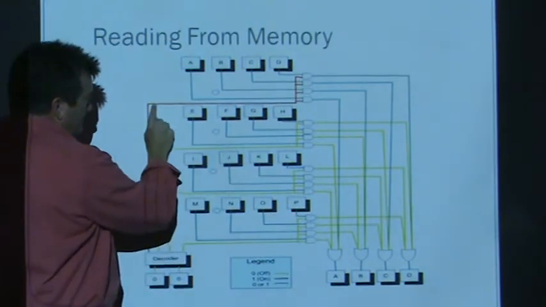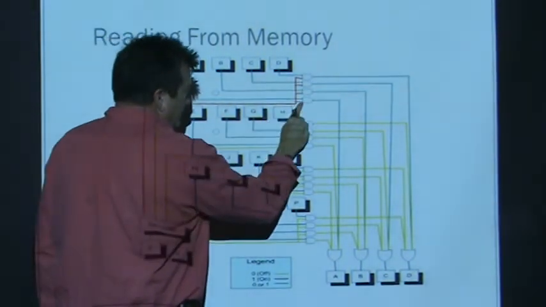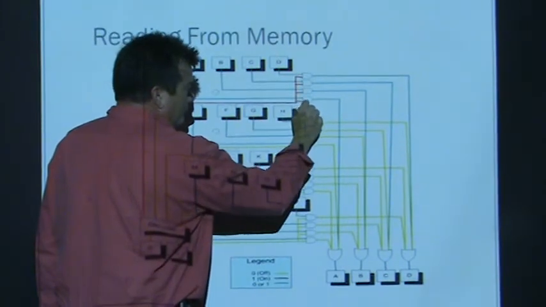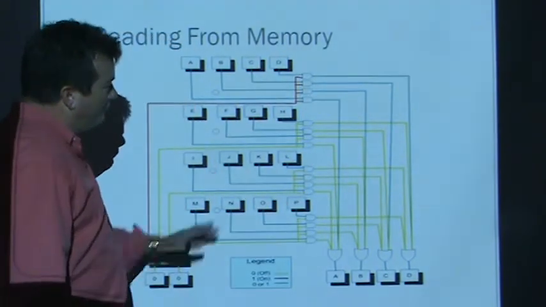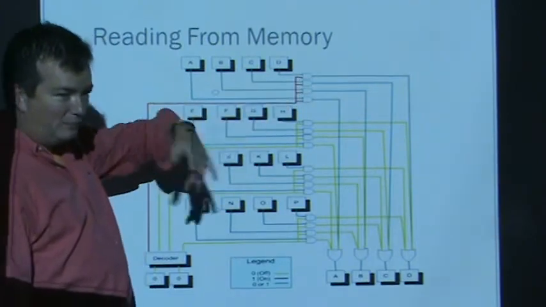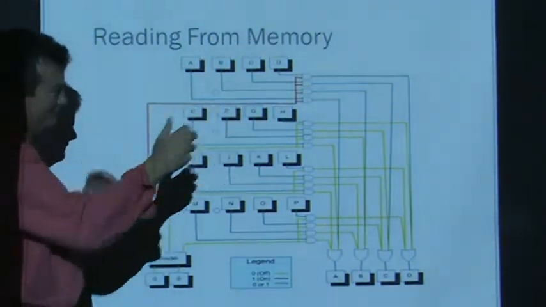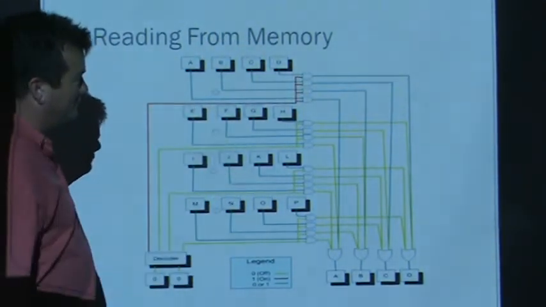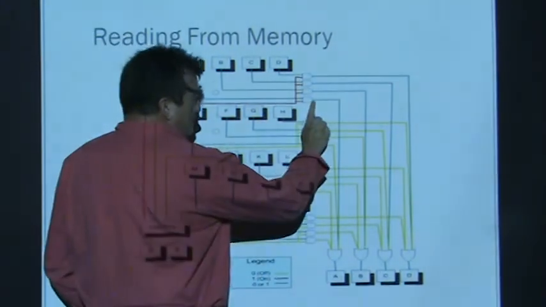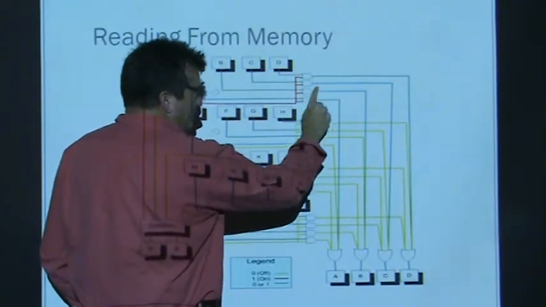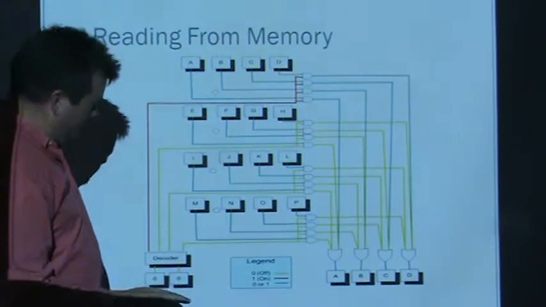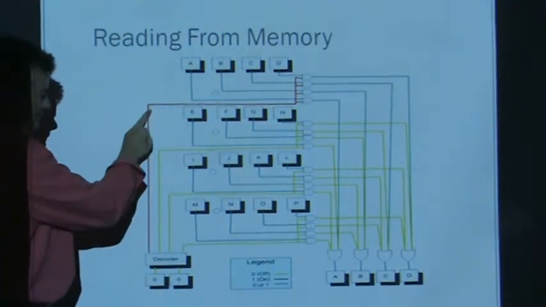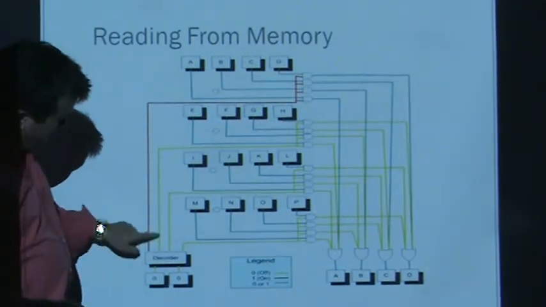So if this wire is on, after we let the electricity flow through these AND gates, if you remember, an AND gate was made up of a NAND gate with a NOT in front of it, so this amount of time for the electricity to flow through. What would eventually come out of these 4 wires, if this one was on? So red means on, and this kind of came out green.